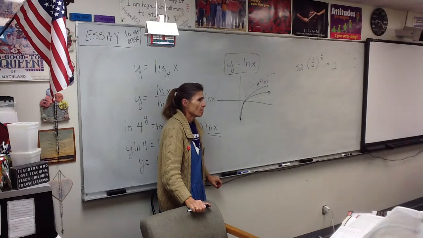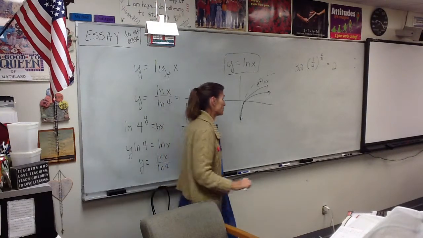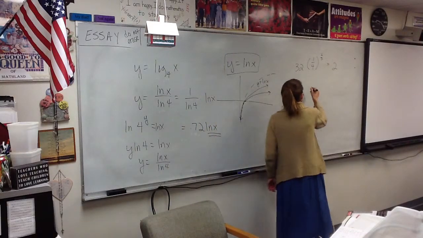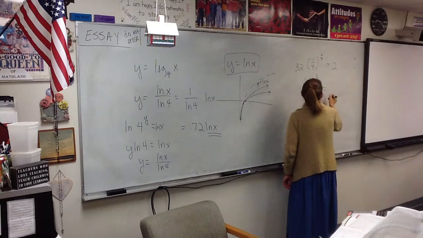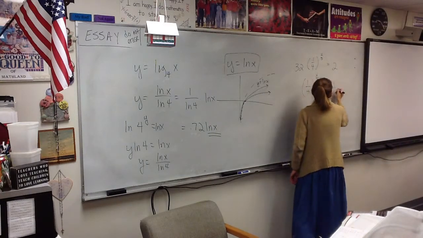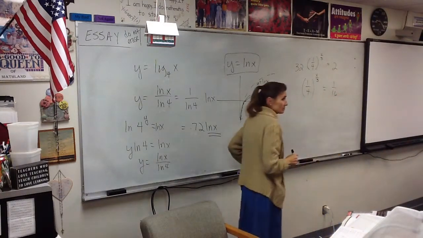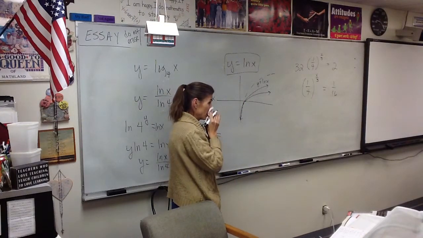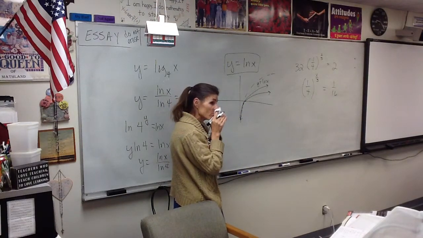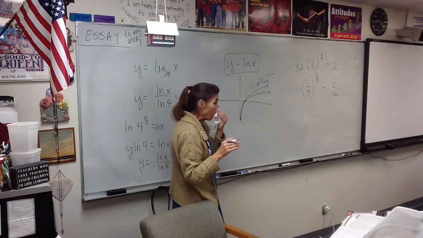Can you multiply or divide 32? I want to divide both sides by 32. That's exactly what I want to do, Anna. So I have (1/4) to the x over 3 equal to 1/16. Divide by 32. You all right with that?